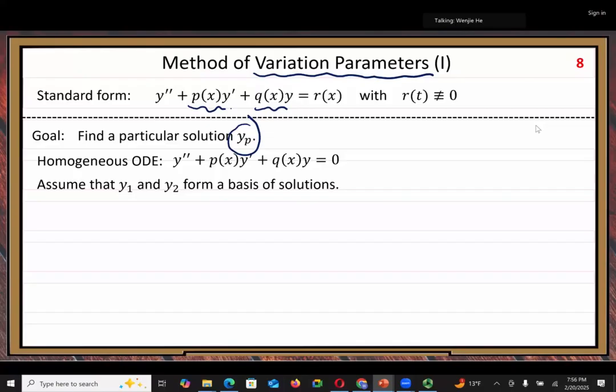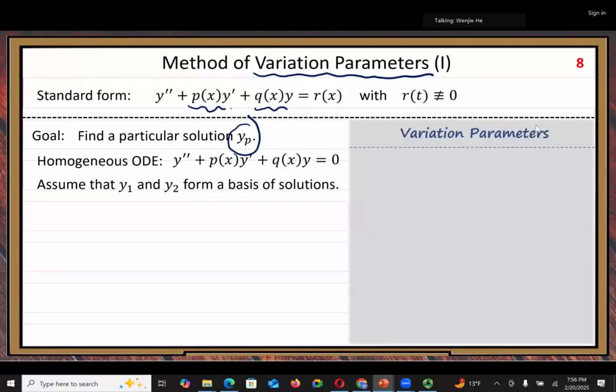That's the main idea. Here we use variation of parameters: y1 multiplied by some variation function plus y2 times some variation function, added together. We want to set the yp structure in that way.